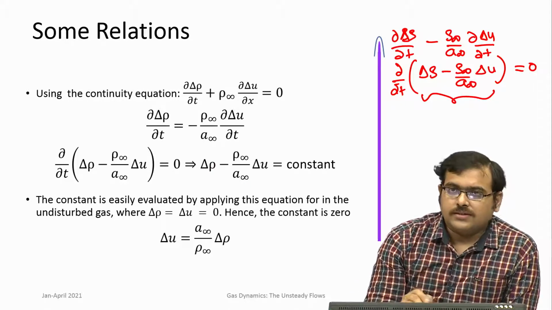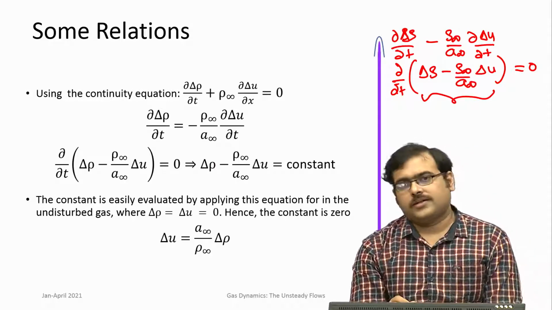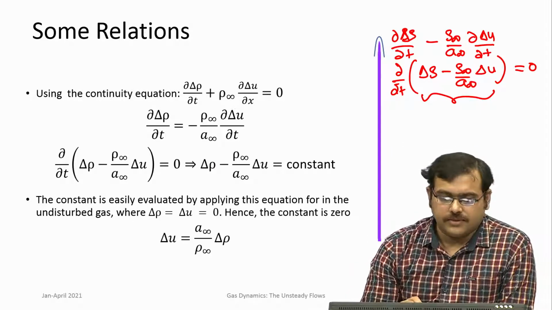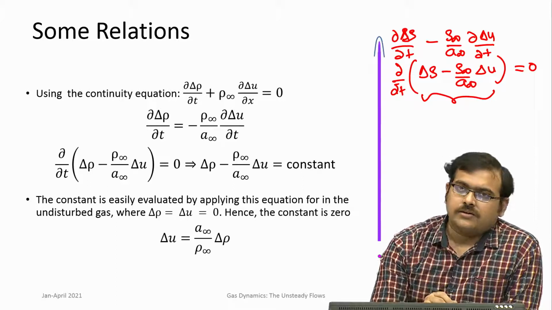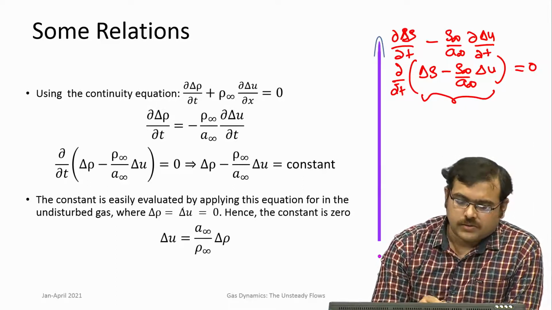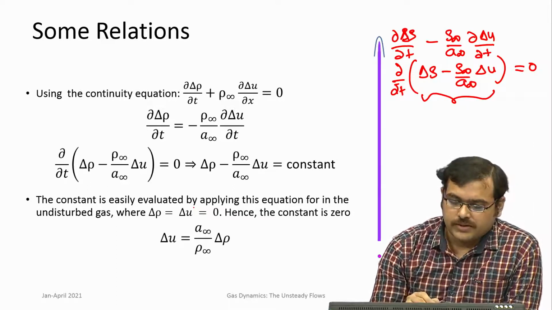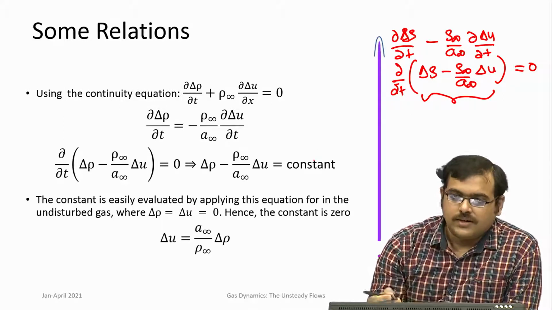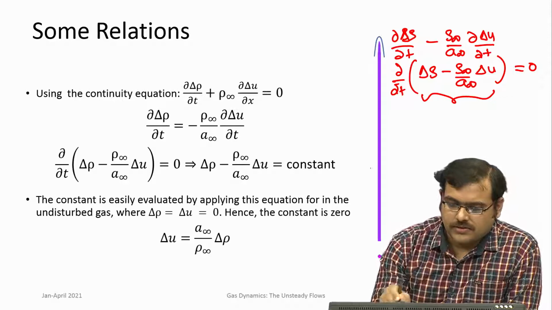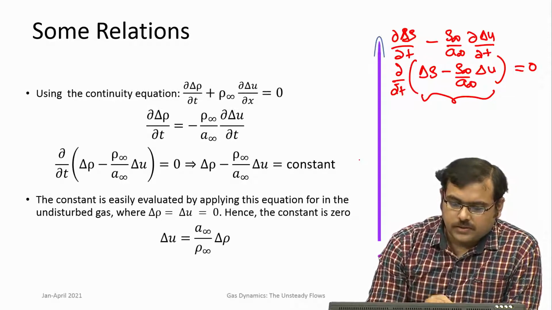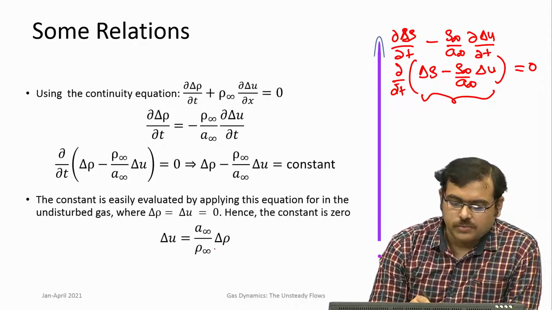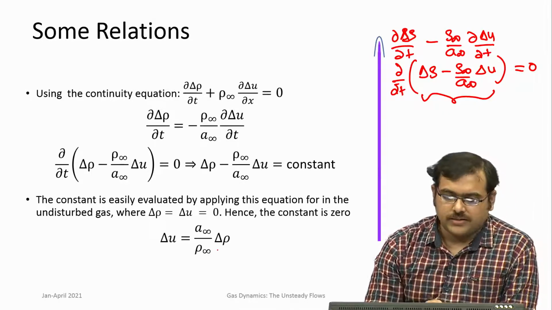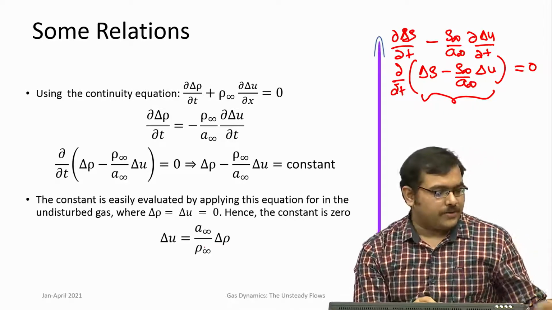Now, this constant can be evaluated by taking the equation for the undisturbed gas, where when you started off, delta rho and delta u were both zero. Hence, initially this is 0, therefore the constant is 0. So it relates delta u to delta rho, the change in density, by a infinity by rho infinity.